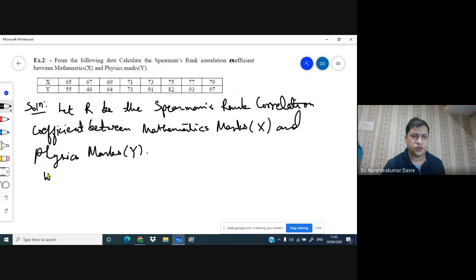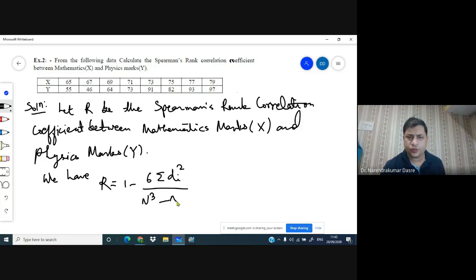Okay, so we have R is equal to, what is R? 1 minus 6 times summation di square upon n cube minus n. So this is the formula we have.